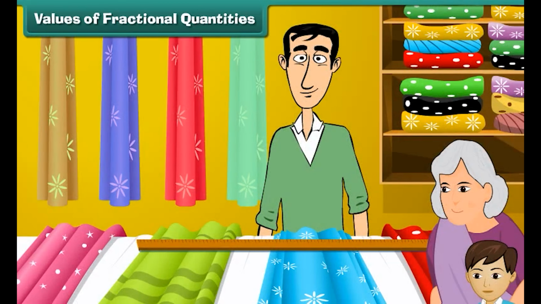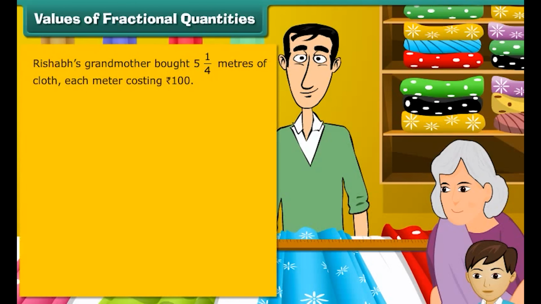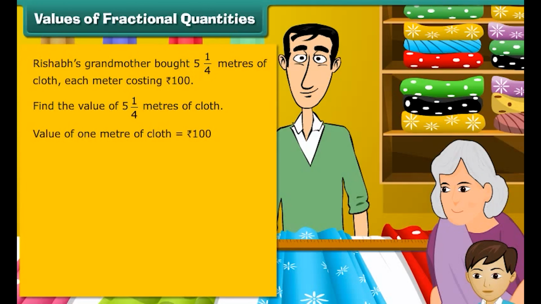Now look at another example. Rishabh's grandmother bought 5 1 by 4 meters of cloth, each meter costing rupees 100. Find the value of 5 and 1 by 4 meters of cloth. Value of 1 meter of cloth is equal to rupees 100. Value of 5 meters of cloth is equal to 5 multiplied by 100, which is equal to rupees 500.